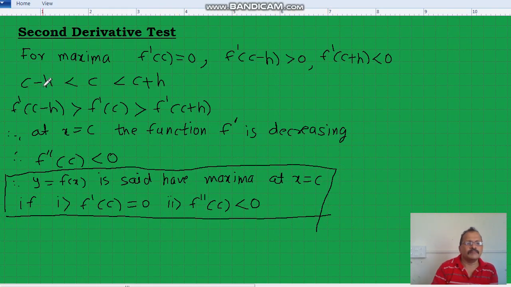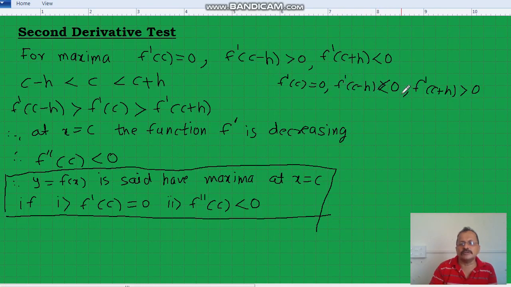Let us see for the minima. For using the first derivative test for minima, f dash c is 0, f dash c minus h is less than 0, and f dash c plus h is greater than 0, because towards left of minima the function is decreasing and towards right of minima the function is increasing, and therefore at x equal to c the function f dash is an increasing function, because c minus h is smaller than c is smaller than c plus h, but f dash c minus h is smaller than f dash c is smaller than f dash c plus h, and therefore f dash is increasing, and therefore its derivative f double dash c has to be positive.